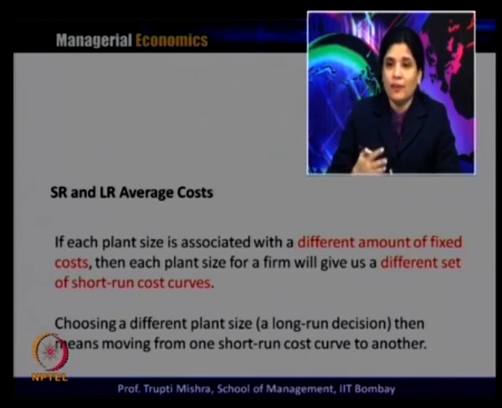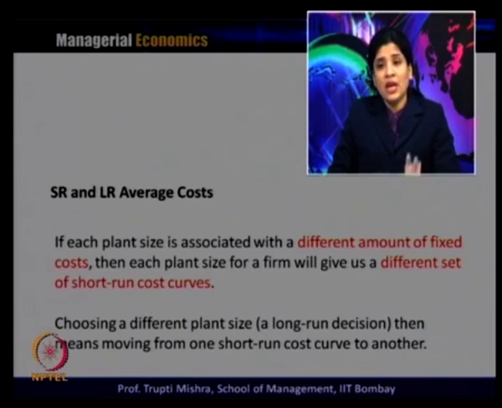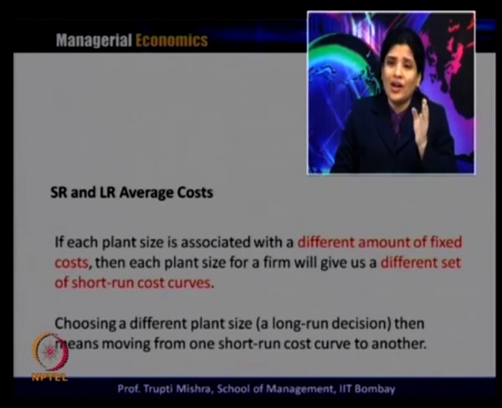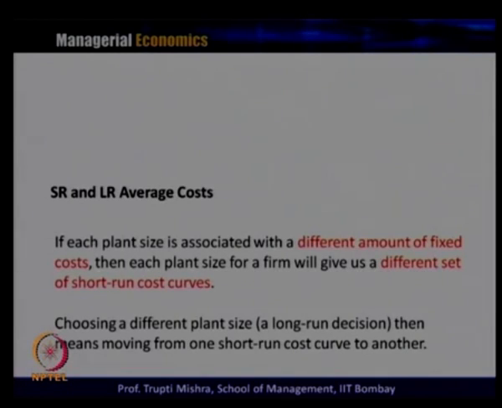So, if you look at the previous graph also, we are explaining the short term total cost curves 1, 2, 3. How do they differ from each other? They differ from each other on the basis of output, and second, on the basis of the cost. Obviously, if the output level is higher, then the fixed input is higher and also the variable input is higher, and if it is small, then the fixed and variable cost also differ.